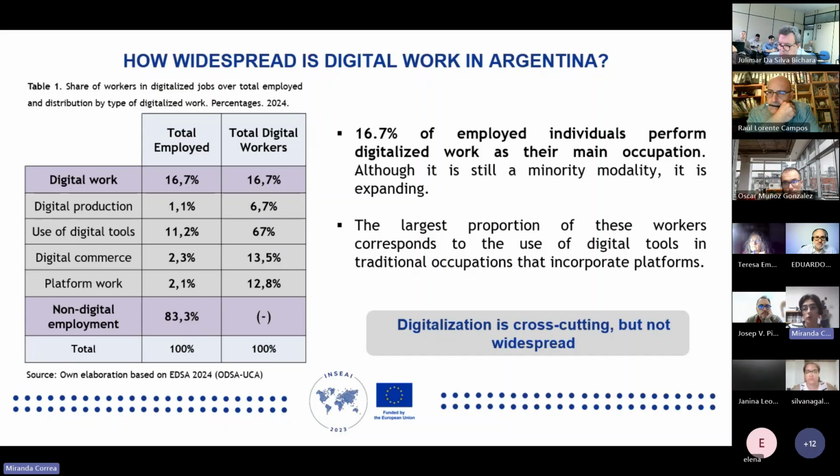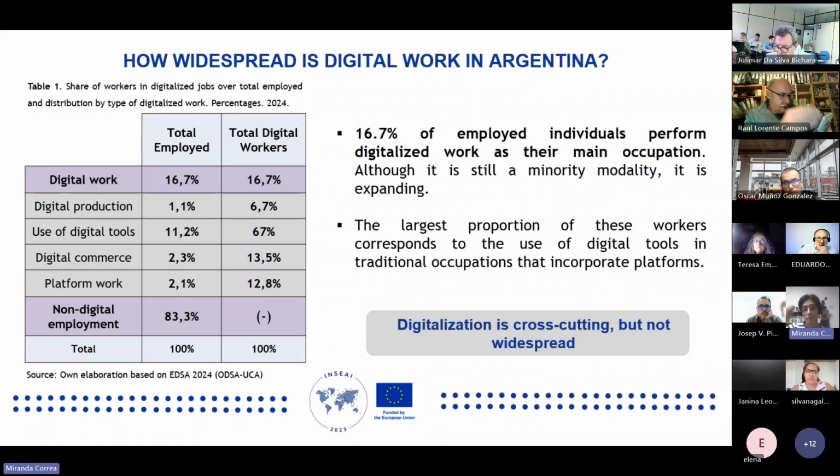It's people who use digital tools in traditional occupations, like teachers giving online classes, office employees using management systems, or technicians communicating with clients online, and so on. So digitalization cuts across sectors, but it doesn't necessarily mean there are new platform-based jobs.